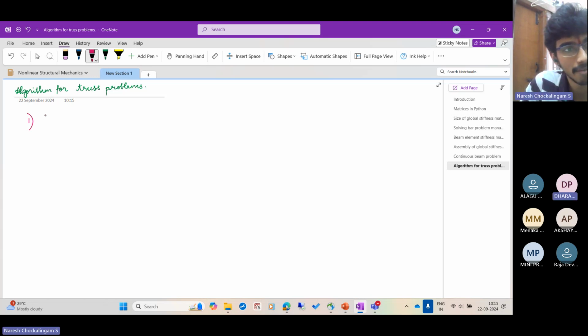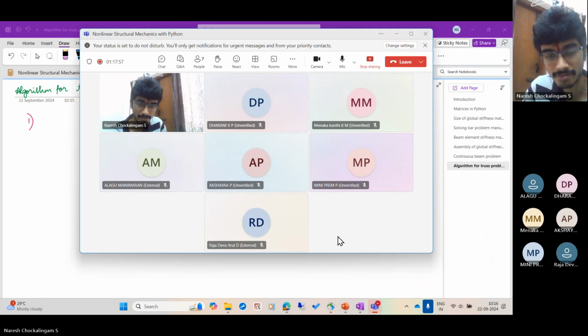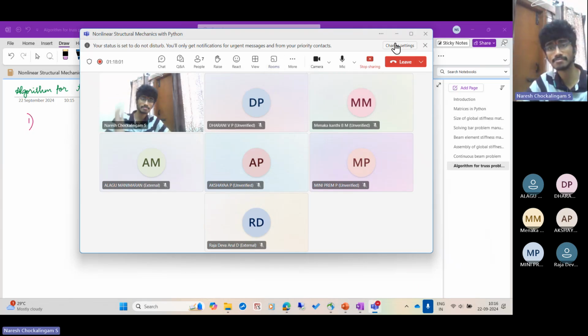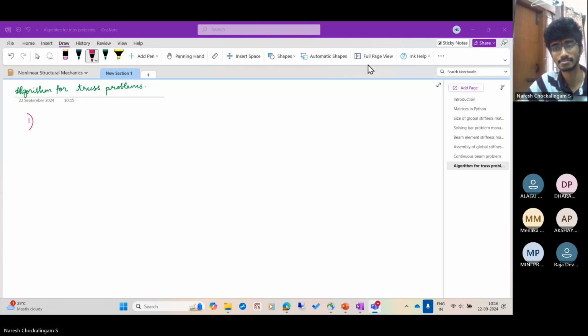What did we do in bar and beam? First step in the algorithm is Nodes matrix. What is the first step towards solving? Should I go back?